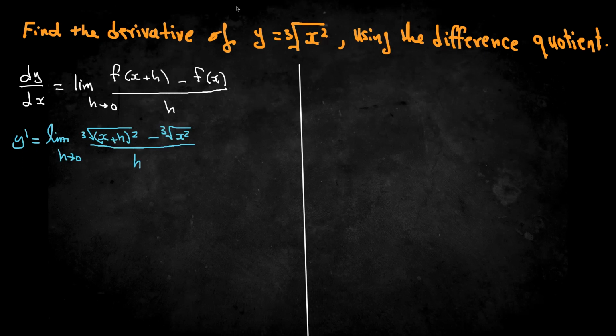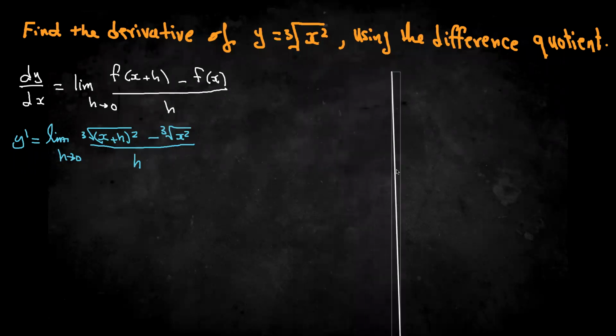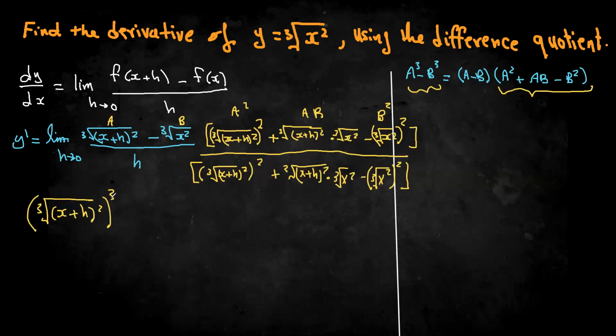Now we have to think about what to do next. When you look at this, you have to relate this equation to the difference of cubes: a cubed minus b cubed equals a minus b times a squared plus ab plus b squared, where b cubed is the cube root of x squared.